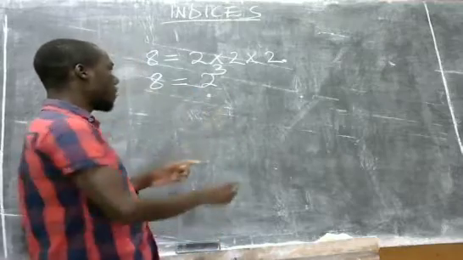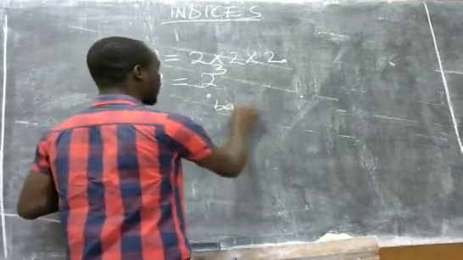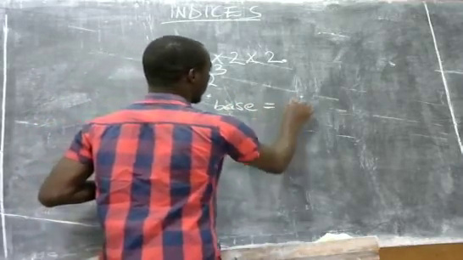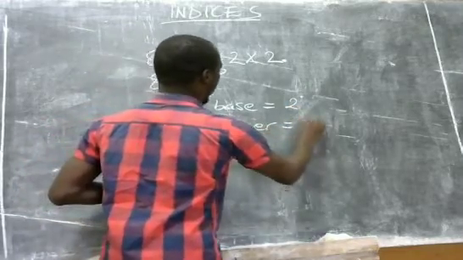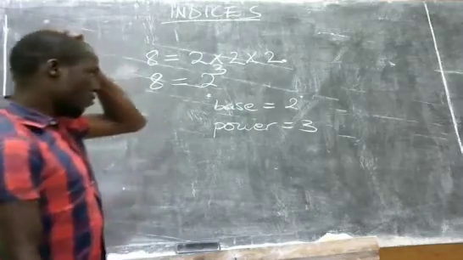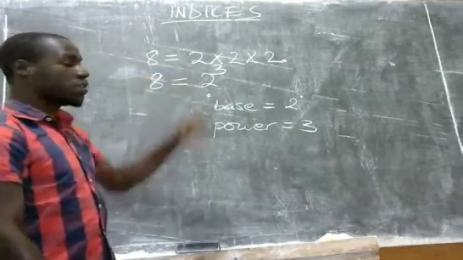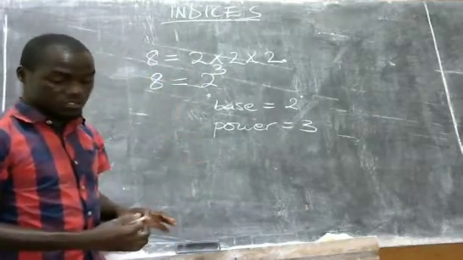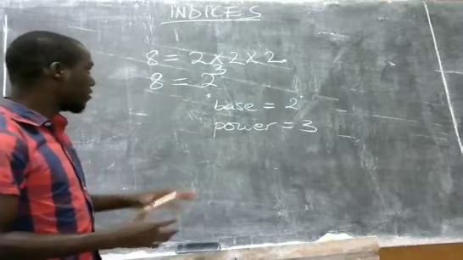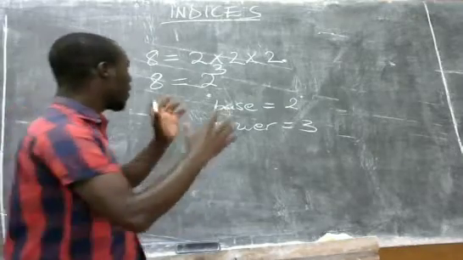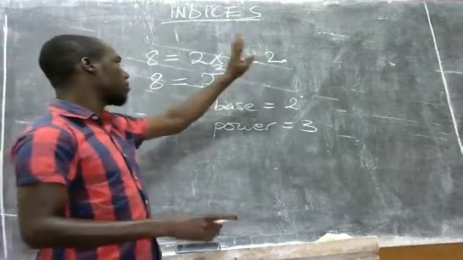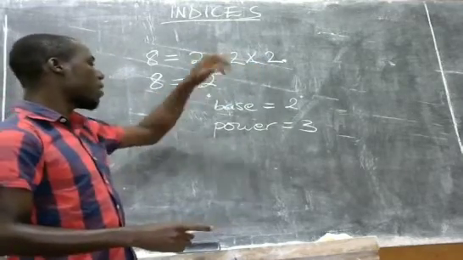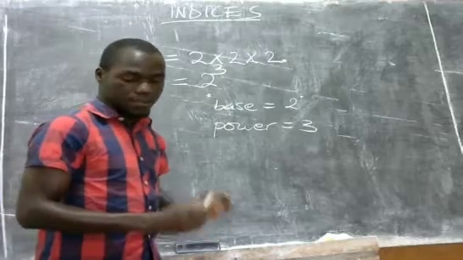The 2 becomes now the base. So remember that part where we prime decompose. This is what we used to do. So an index is a short form of writing a number, just like we had 2 times 2 times 2, so this is the 2 power 3.